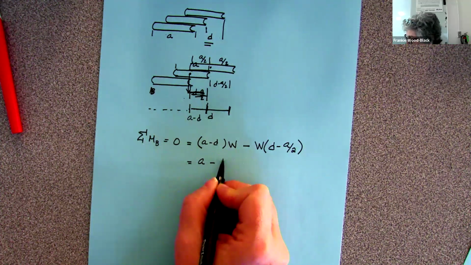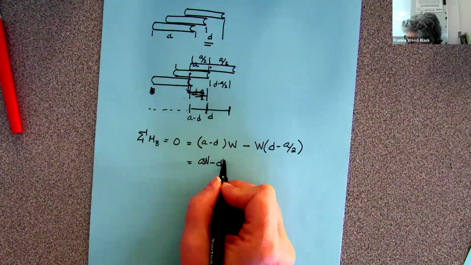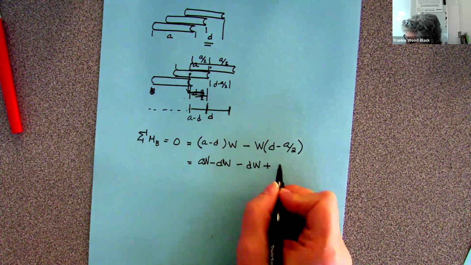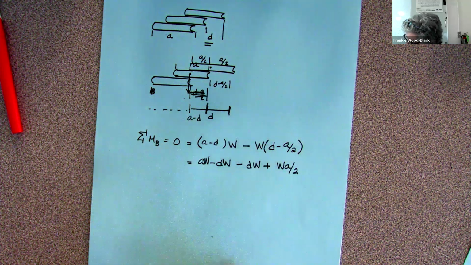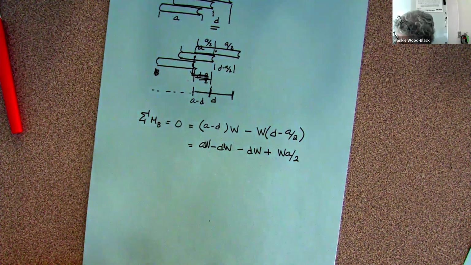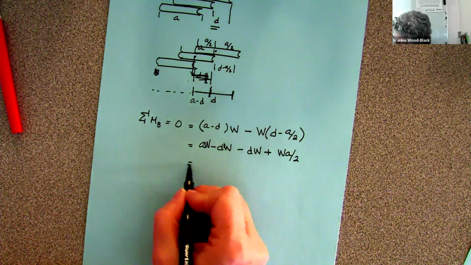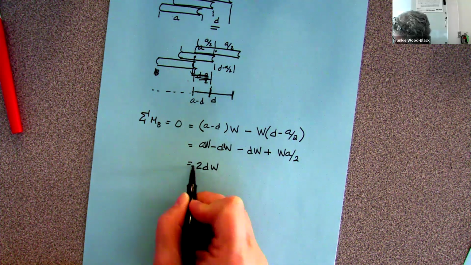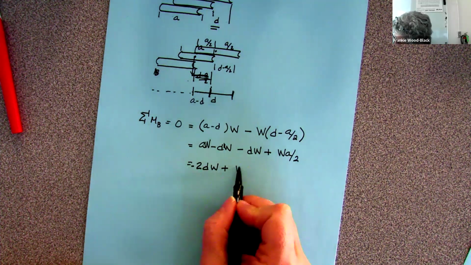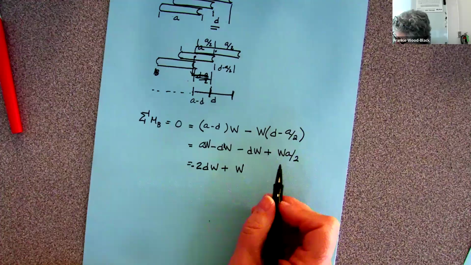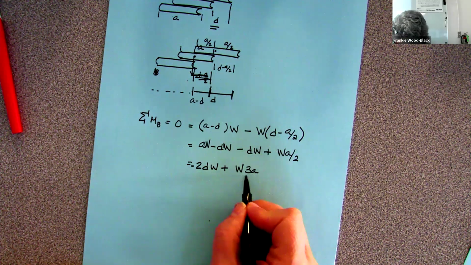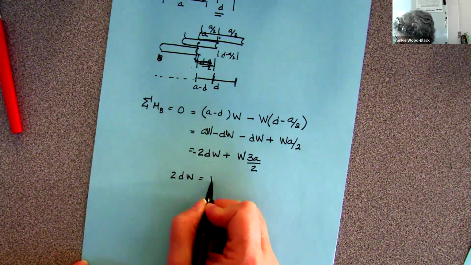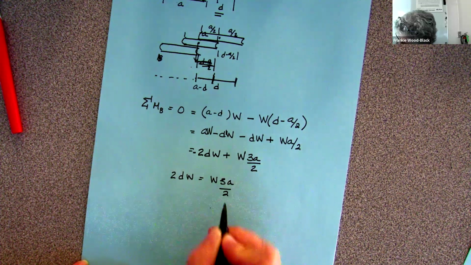We get AW minus DW minus DW plus WA over 2. I hope I've done everything right. We want to group the A's and the D's together. So I get 2DW is equal to W times 3A over 2.